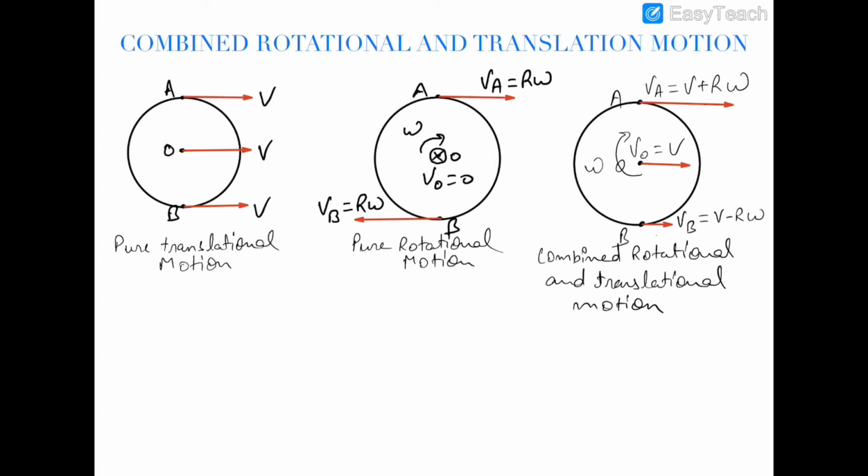And the velocity of point B would be v minus r omega, because v is in the forward direction and r omega is in the backward direction. This is assuming that v is greater than r omega. So this is the case of combined rotational and translational motion.